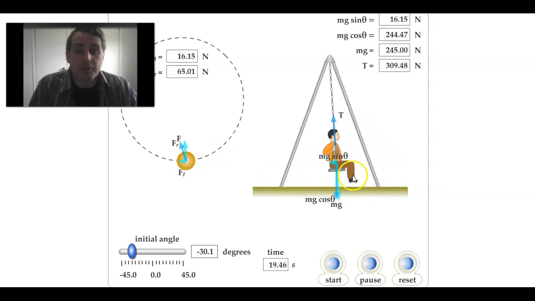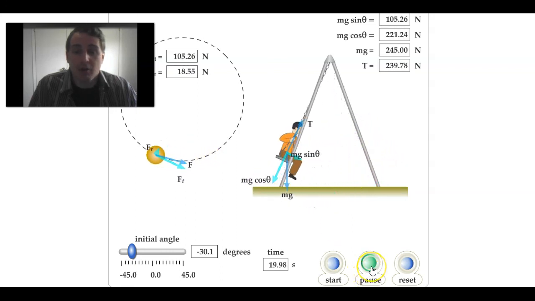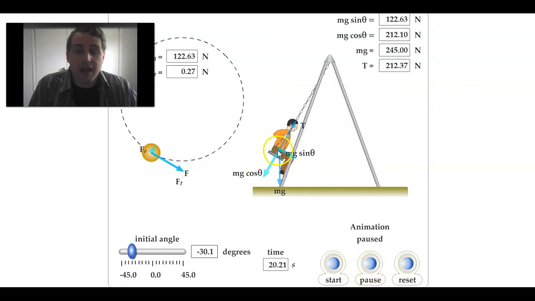In fact, the centripetal force will be exactly 0 when we're stopped at the top of the swing, because the velocity is 0. Centripetal force is going to be mass times centripetal acceleration, so it's going to be mv squared over r. But if v is 0, then there's no centripetal force, thus no radial force.